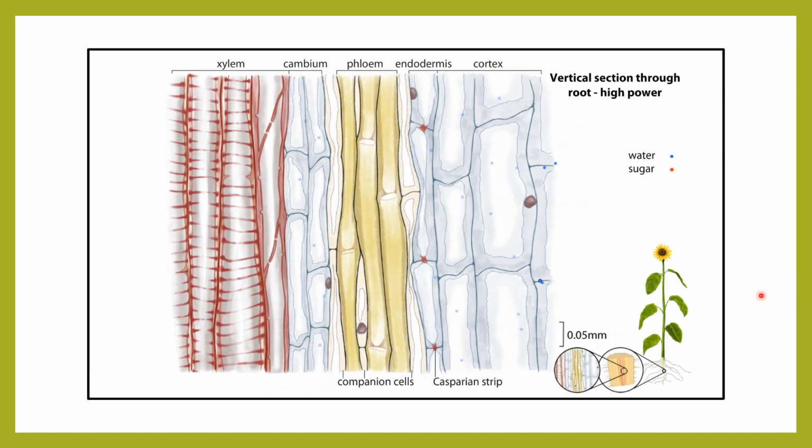And you see the water move through the plant cells into the xylem tissue and up. And now you are seeing the glucose, these red dots that are made in the leaves of the plant, move down the phloem to all parts of the plant.